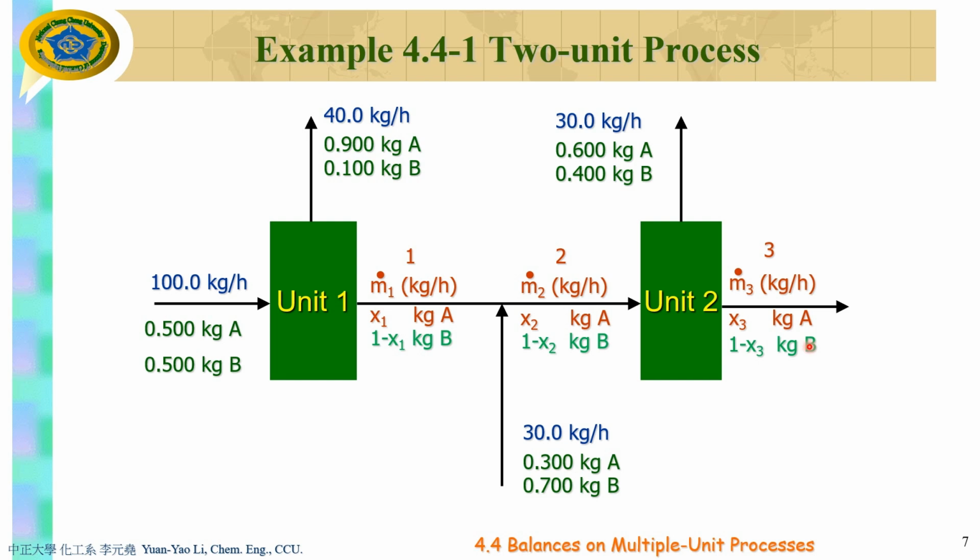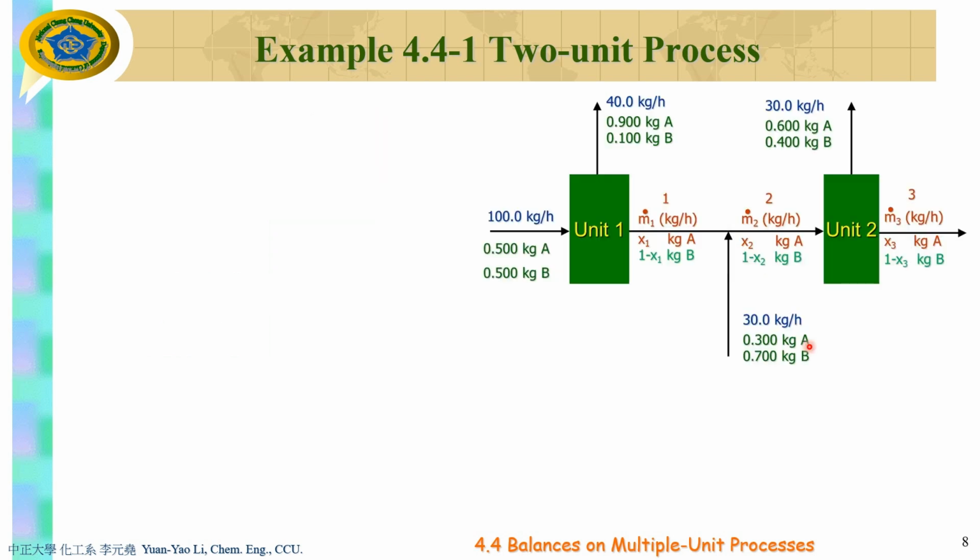Can you? DOF, right? If you know how to do DOF, you can tell me. You don't need to do the calculation. You can tell me whether you can get the value of these 6 unknowns or not before you do the calculation. Right? So DOF is important. So let's do DOF first.